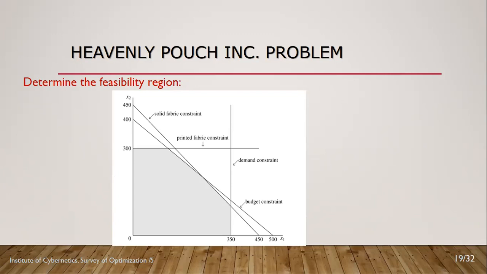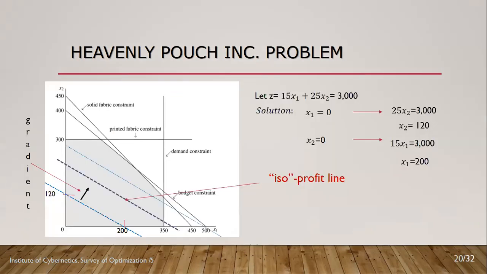The objective function was 15 times x of 1 plus 25 times x of 2. So let's plot the objective function for a particular value of the objective which we select. Let's start with an arbitrary, realistic level of profit that we want to achieve, let's say $3,000.